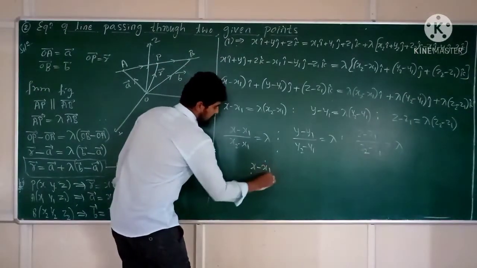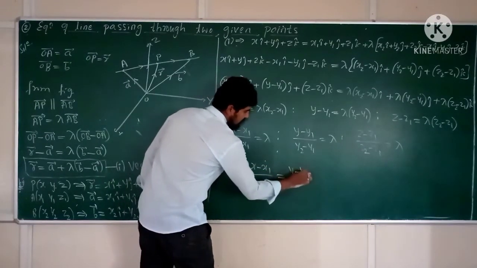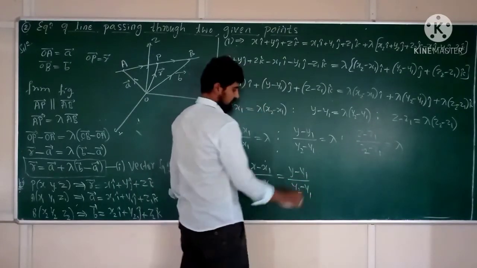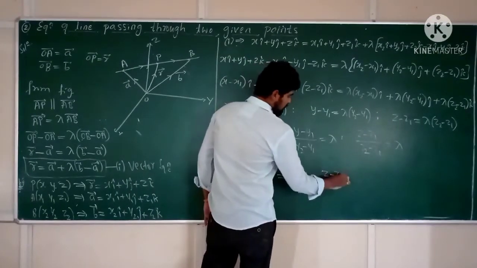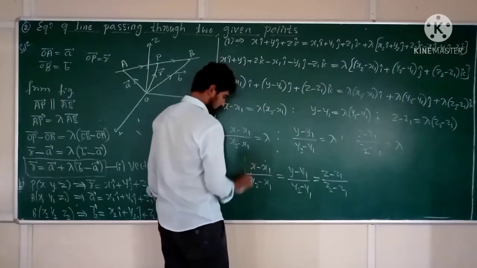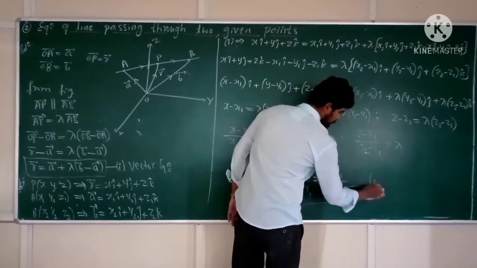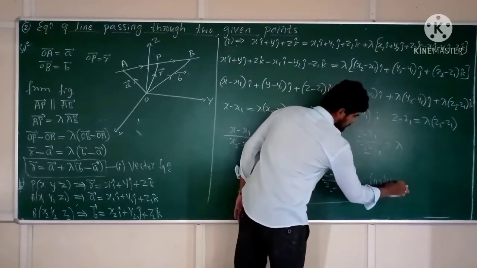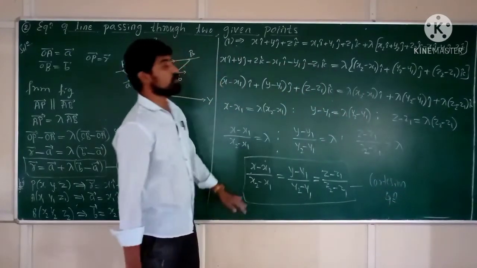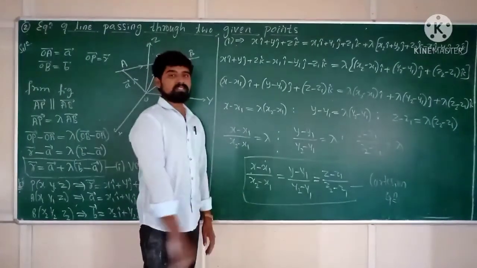So therefore x minus x1 divided by x2 minus x1 is equal to y minus y1 divided by y2 minus y1 is equal to z minus z1 divided by z2 minus z1, and this is the required Cartesian equation of the line passing through 2 points. I hope all of you understood. If possible, take a note.